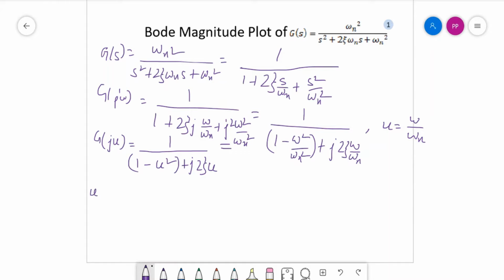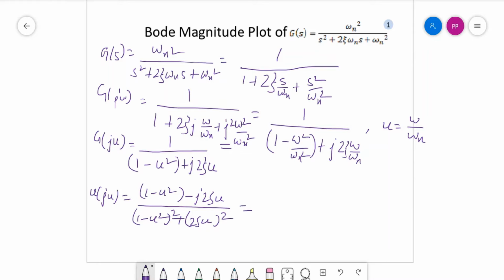So G of ju equal to, the complex conjugate is multiplied, so it becomes 1 minus u square minus j 2 eta u divided by 1 minus u square whole square plus 2 eta u whole square.